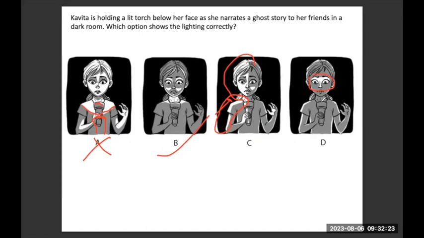If the torch is at the bottom, almost this much part gets lit. So that is also wrong. So D galat hai, C bhi galat, and B will be the correct answer. Any doubts, any questions in this? Okay, we'll move to the next one then.